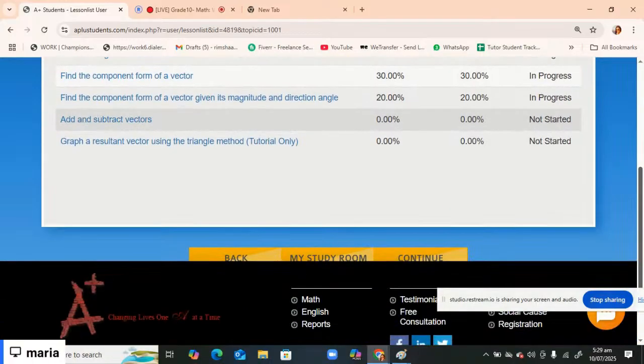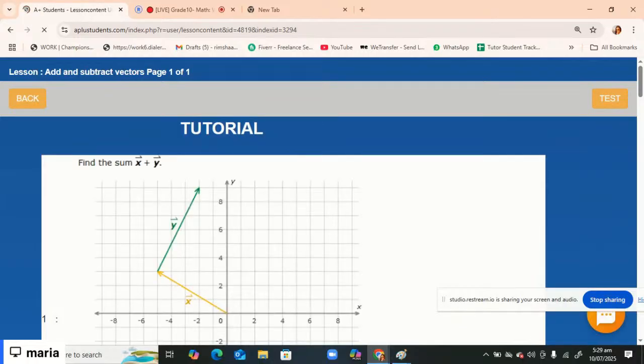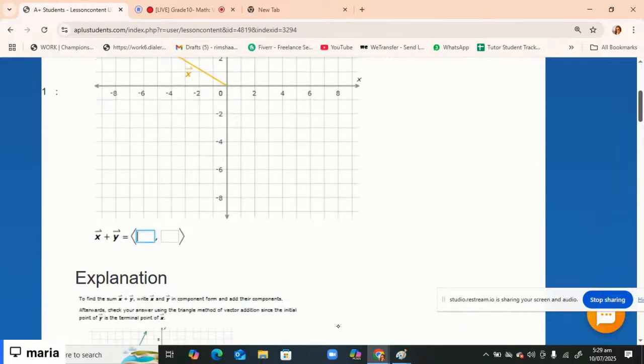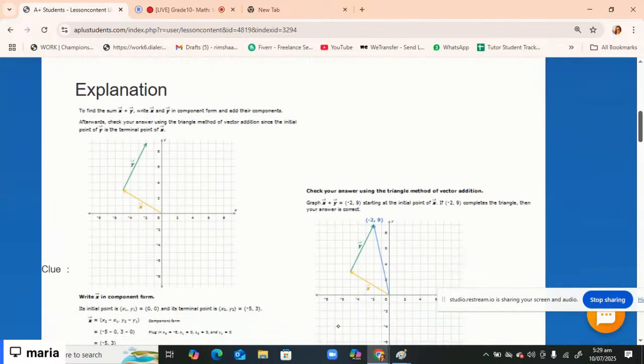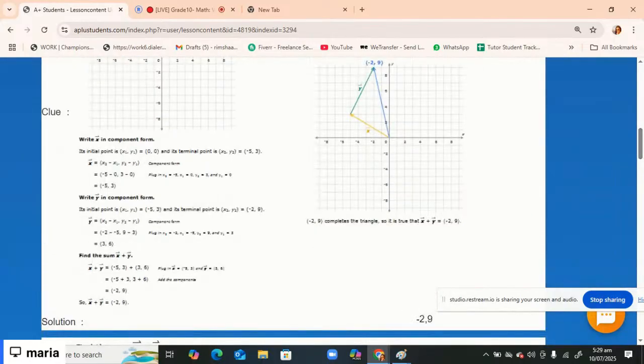Add and subtract the vectors. So now this is basically a representation of x and y. How to add it?